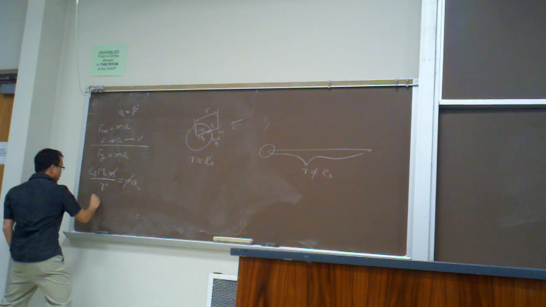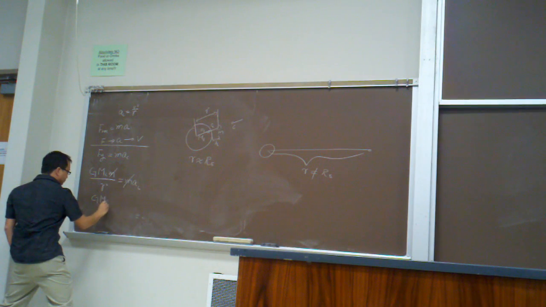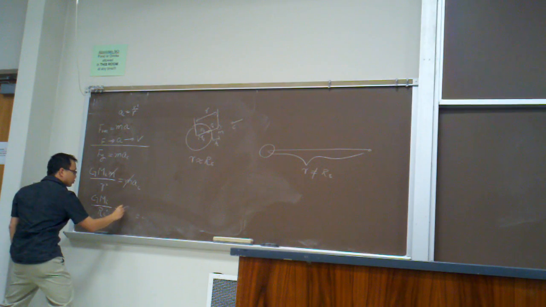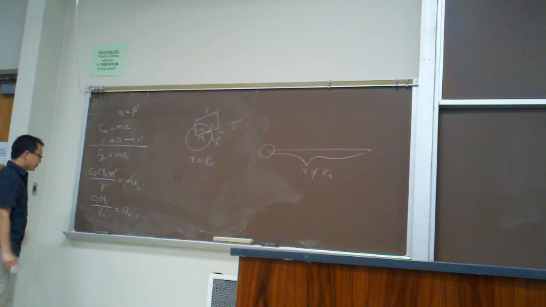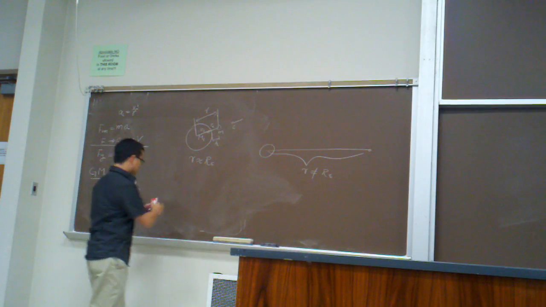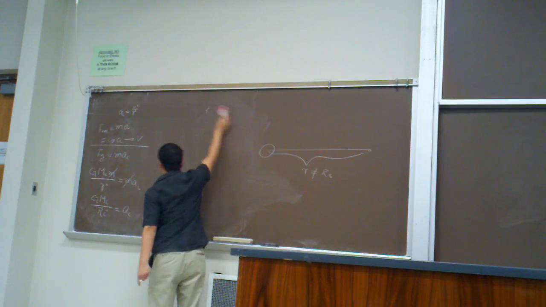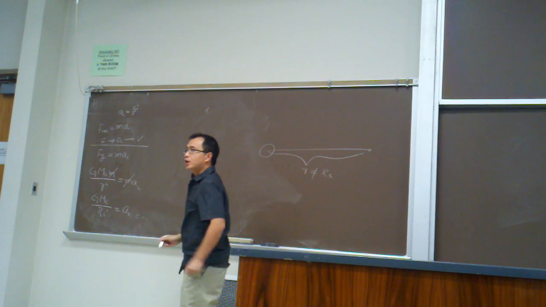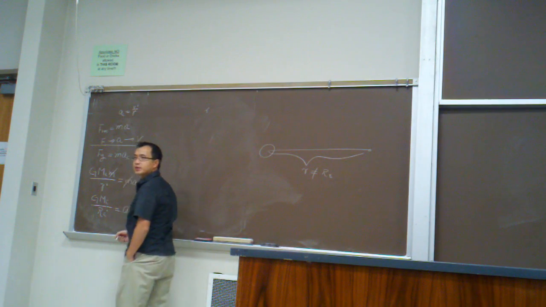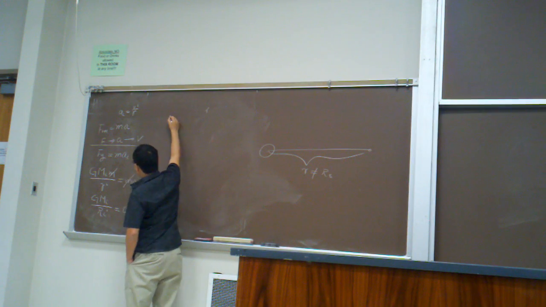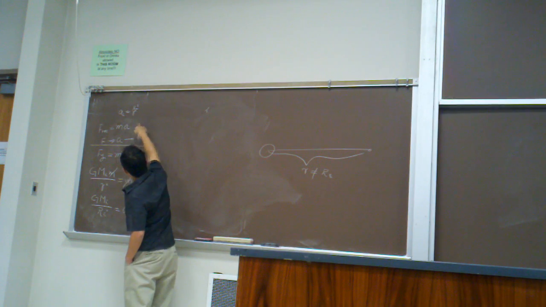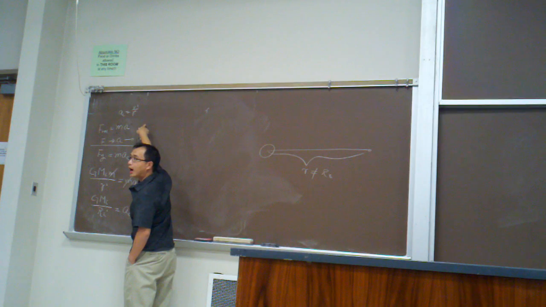So we get G M_E divided by R_E squared equals a_c. Then you can already calculate the number for a_c here, but it's better to just leave it like that and do the calculation later. So a_c, on the other hand, equals v squared over r.